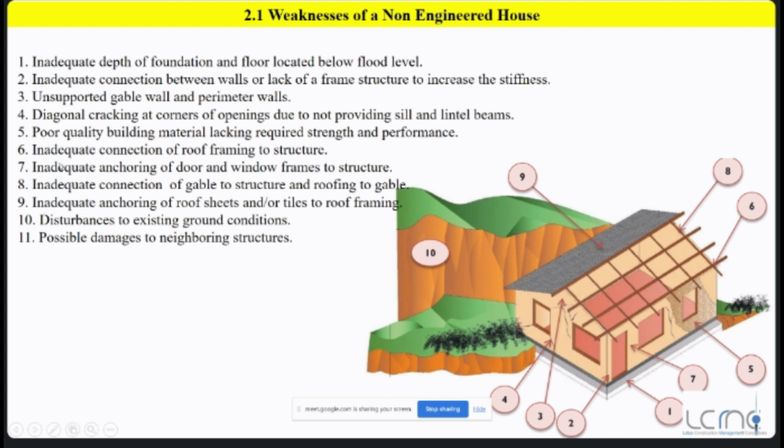And the next one is inadequate connections of the roof framing of the structure. Now I'm coming to the components of the roof structure. There are some components: wall plates, ridge boards, rafters, and purlins.